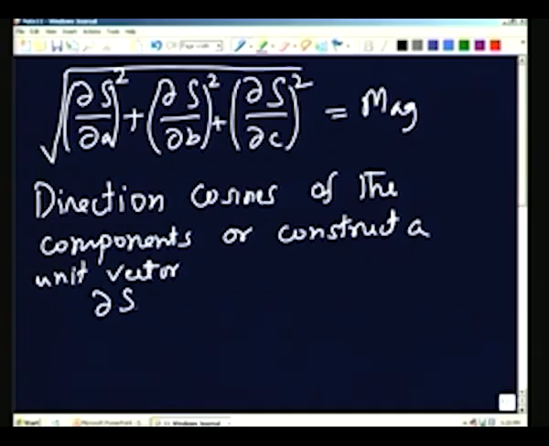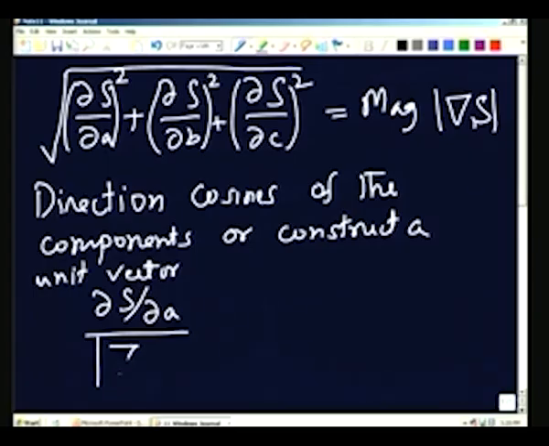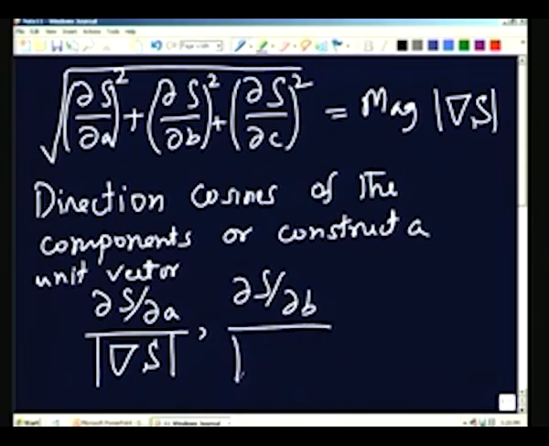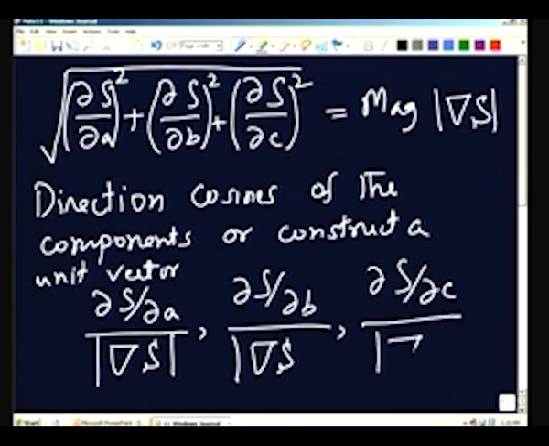So, dou s by dou a divided by its magnitude, I will say magnitude is delta s. Similarly for the others, and so we have the 3 components of the unit vector which is parallel to the gradient vector.